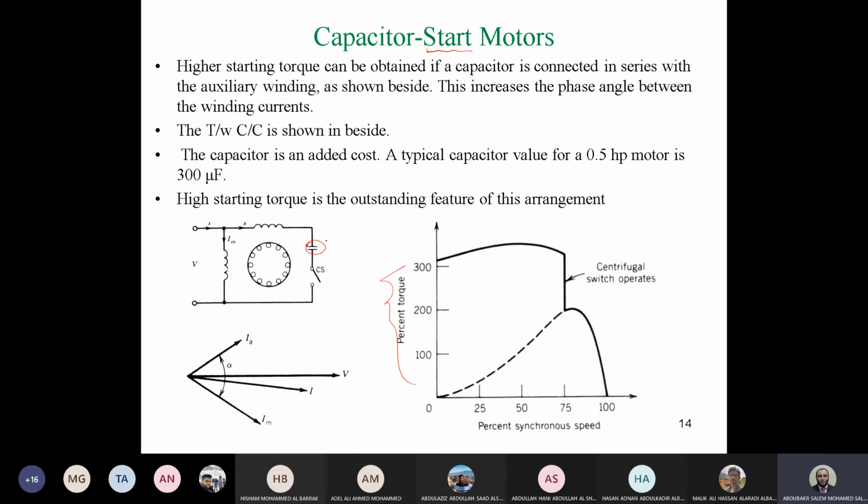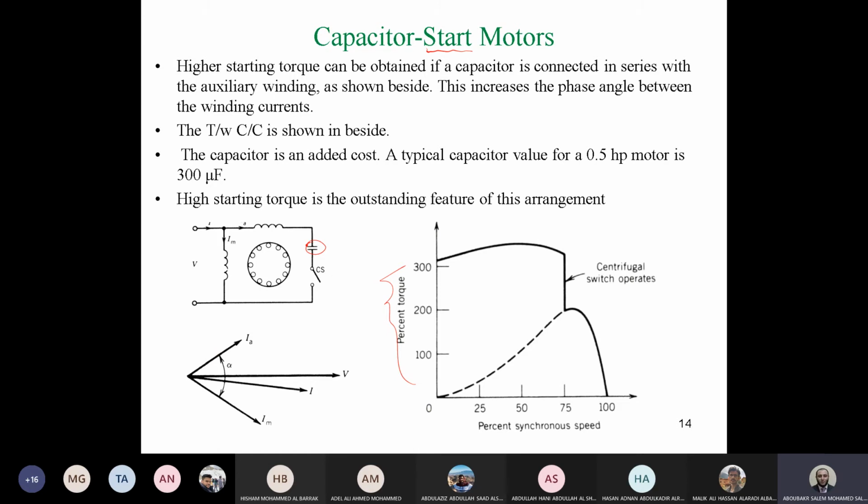So you have to select around 400 volts, and also around 300 microfarads. So it's not a cheap one. The cost is high for this type of capacitor. However, we have the advantage of high starting torque due to the phase shift between IM and IA at start. So this is the second way, which is called capacitor start motor.